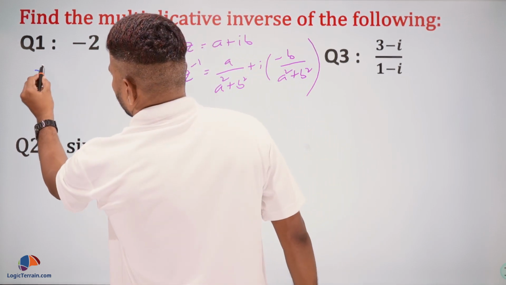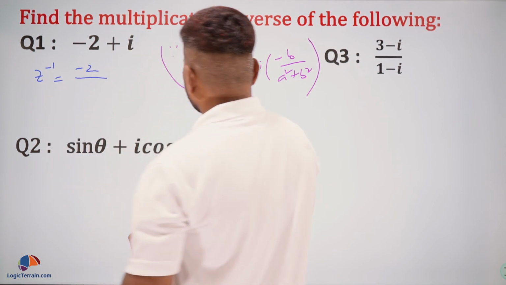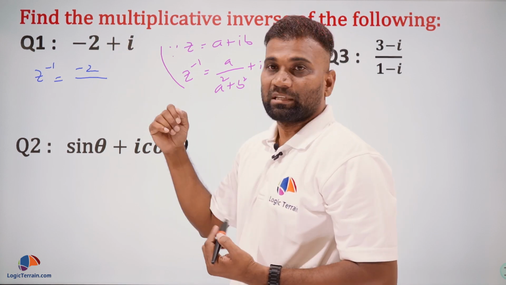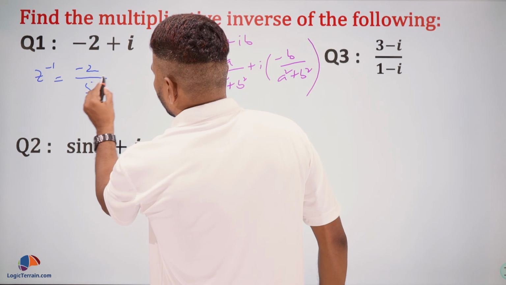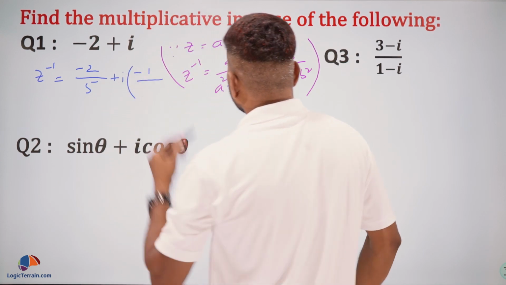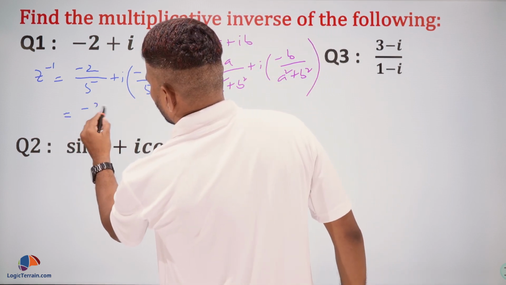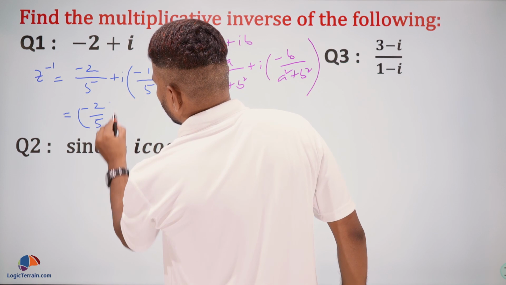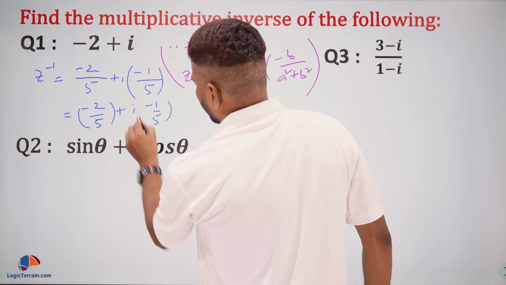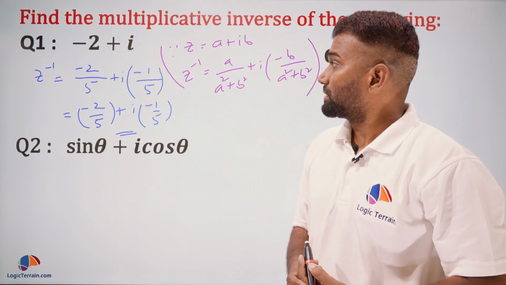Then the multiplicative inverse z inverse is equal to a upon a square plus b square, minus 2 upon, minus 2 square is 4, i coefficient 1, 1 square is 1, 4 plus 1 is 5, plus i of negative b, that is negative 1 upon a square plus b square, again 5, which is nothing but negative 2 upon 5 plus i of negative 1 upon 5. This is the multiplicative inverse of the given complex number.